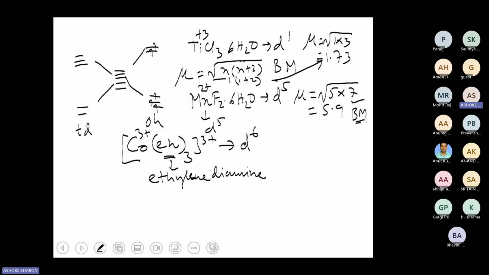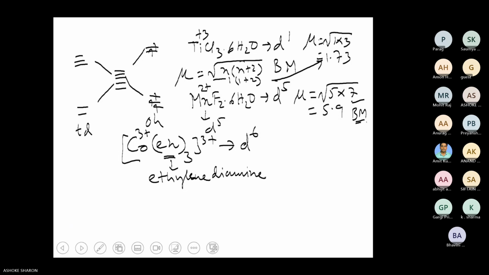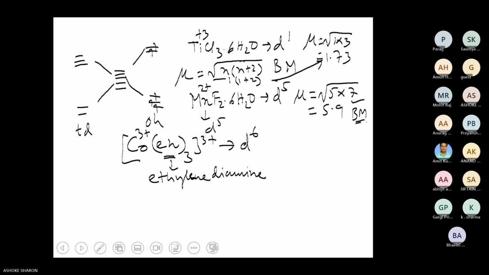Now, when a strong field ligand is there, then definitely there will be a low spin complex. So in order to get that low spin complex, let me draw it again.